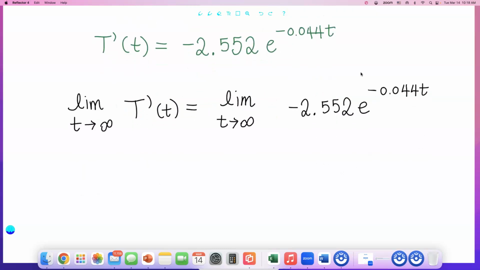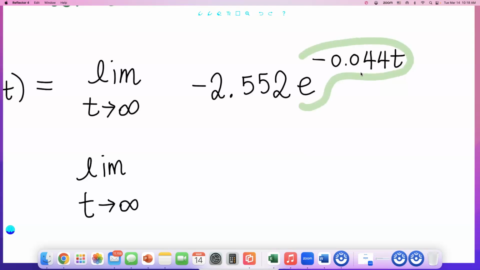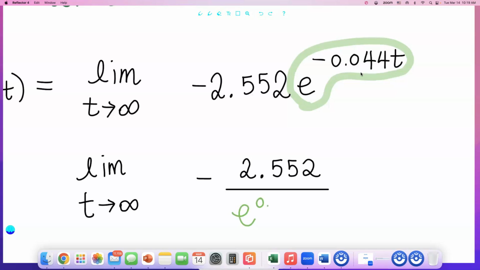All right, I'm going to rewrite this in fraction form, okay? I'll copy this down the same. But what I'm noticing is that this term has a negative exponent, which means I can send it to the bottom. So I have negative 2.552 on top of the fraction, but in the denominator, I will have e raised to the positive 0.044 t.